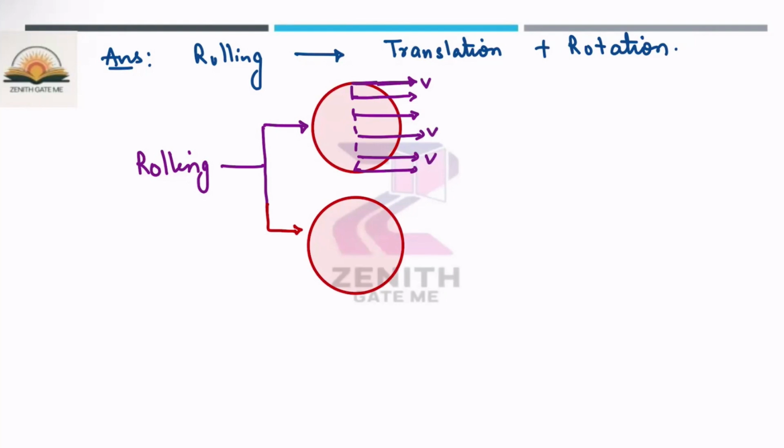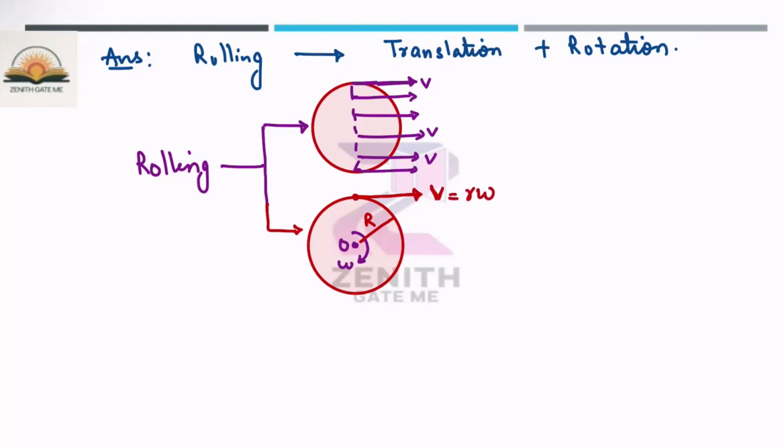In the case of rotation, this body is rotating about this point O with a certain angular velocity omega, and this body has a radius r. So in pure rotation, at this point the velocity is equal to r into omega.